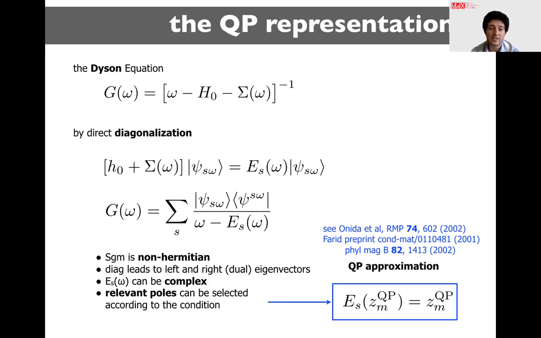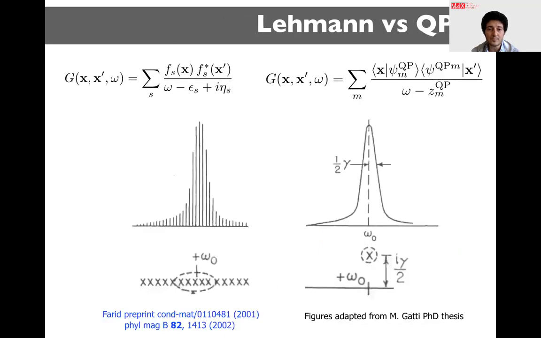And since the self-energy is in general non-Hermitian, we see that the eigenvalues ES are also complex. So the poles of this Green's function can actually become complex. And we could refer to this representation as a quasi-particle representation. The two are actually both exact, but lead to two different physical pictures.